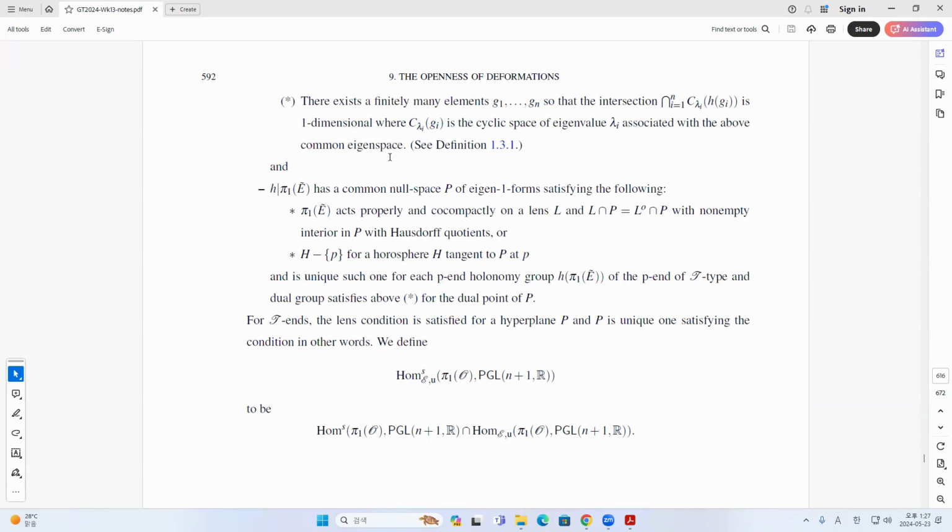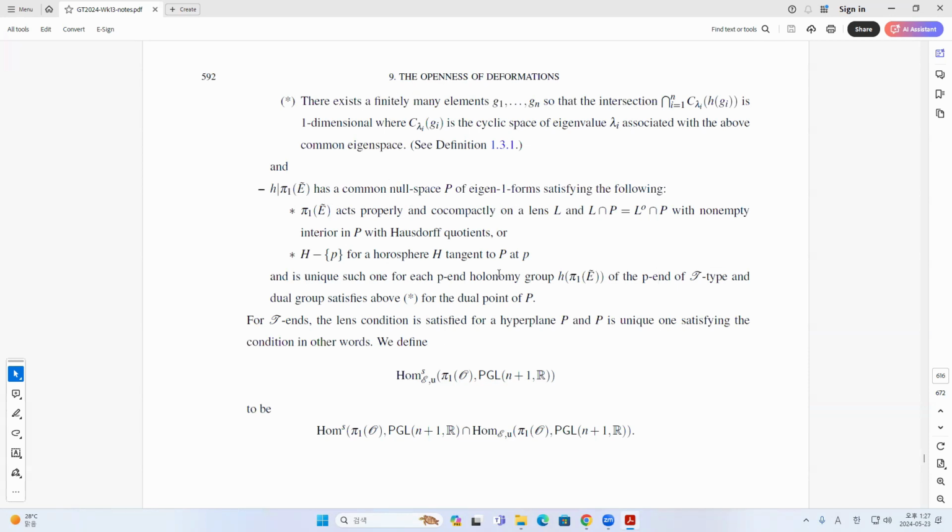This is for the stability openness condition. For the T-type ends, pi_1 of the end has a common null space of eigenspace satisfying the following: it acts properly and cocompactly on a lens with L intersect P equal to L0 intersect P with Hausdorff quotient, or it acts on some horosphere tangent to P. And it is unique, one such for each end of type T. And of course, for the dual group, you take the dual and it has to satisfy this star.